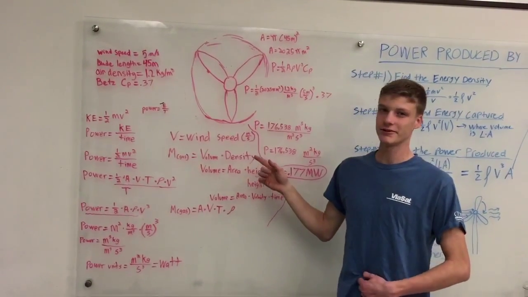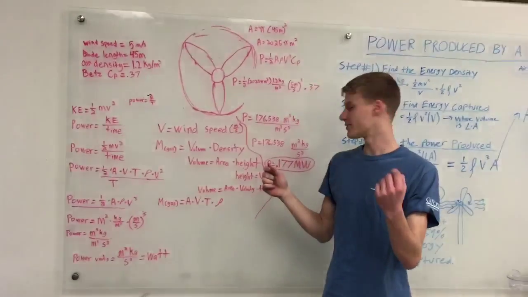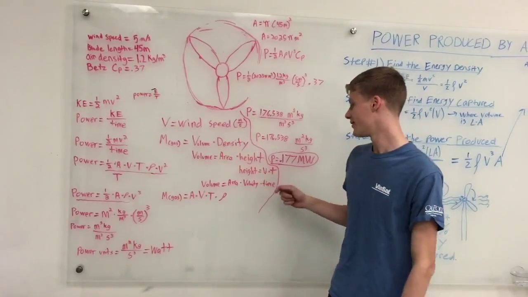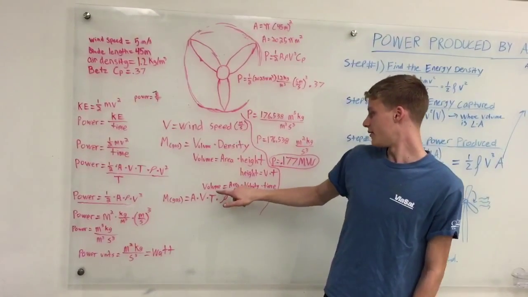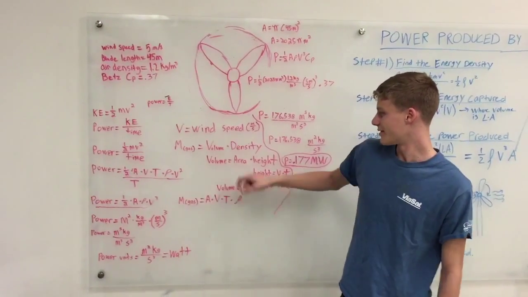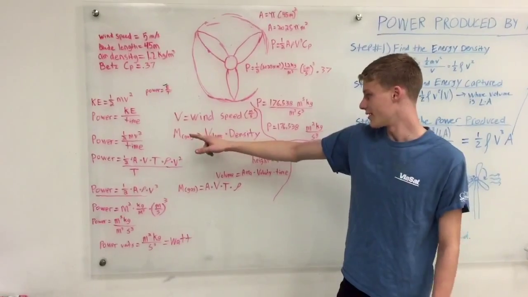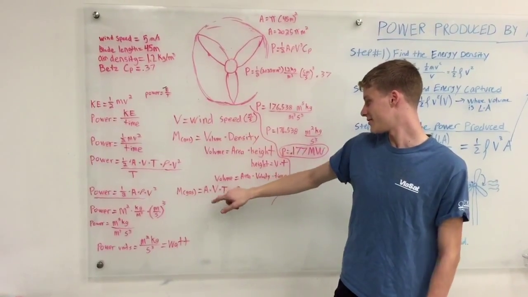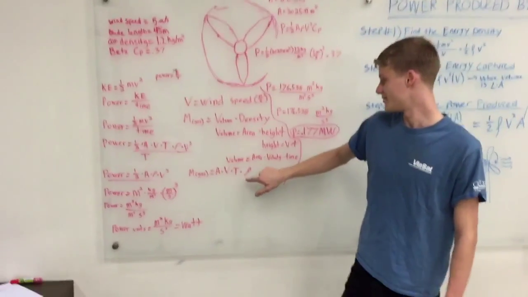To find the height, we have to find the total length of the air going through, which is displacement, which is velocity times time. So then we have volume equals area times velocity times time, and we plug that in. So we have the gas mass equals area times velocity times time times density.